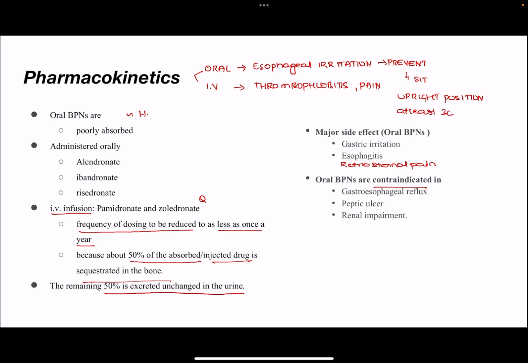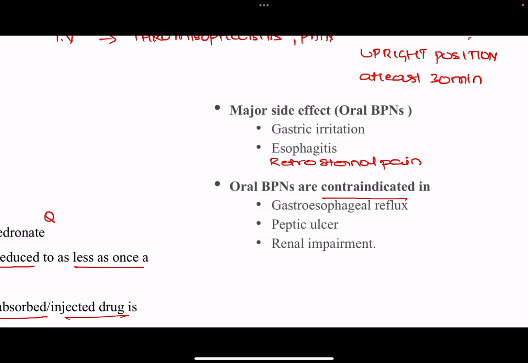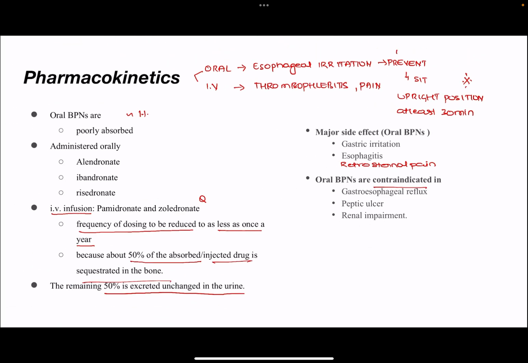At least 30 minutes. By following this instruction, they can avoid gastric irritation or esophageal irritation. It has to be taken on an empty stomach, and one more thing you need to tell is, with a full glass of water.